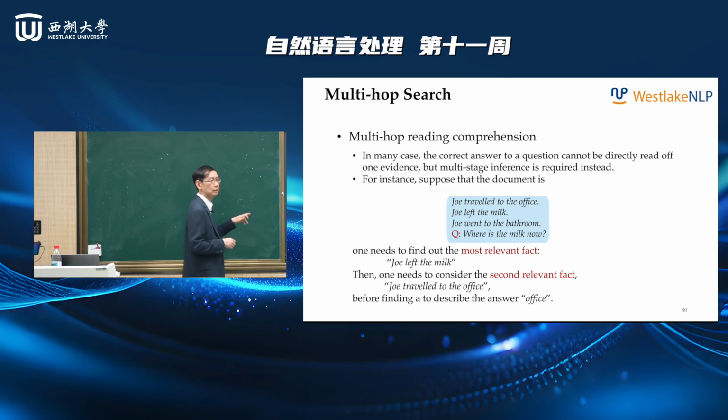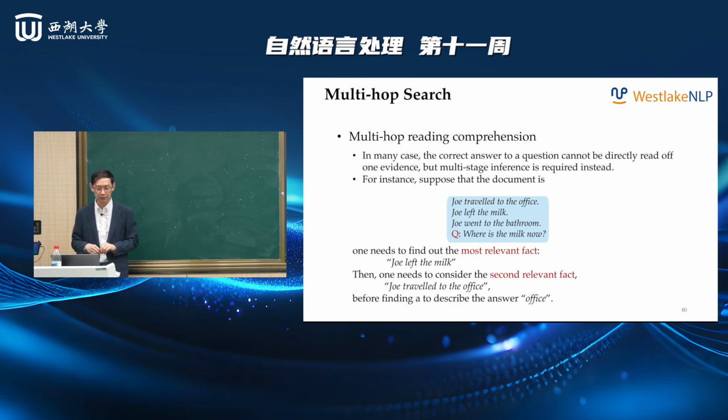You first look at the second sentence, John left the milk. This is the first evidence. And given this evidence, you want to find the next evidence by looking at the first sentence, John went to the office. And then you predict the answer. The milk is in the office. So the last thing I want to share with you is how to model this reasoning process.